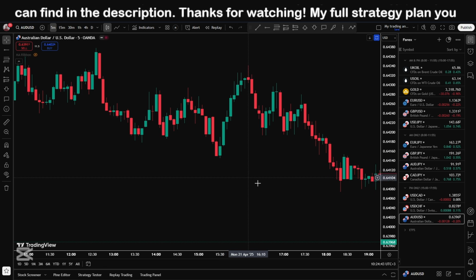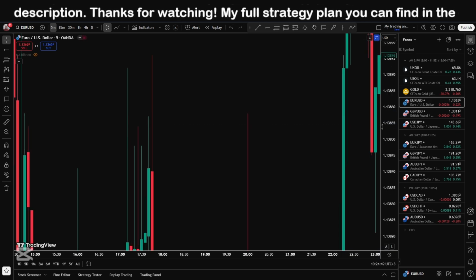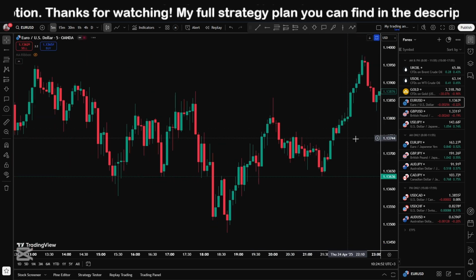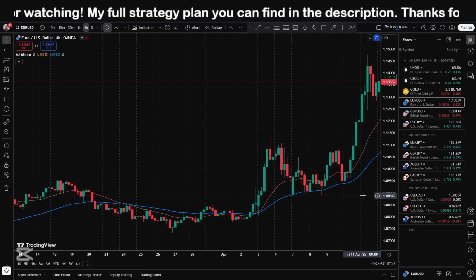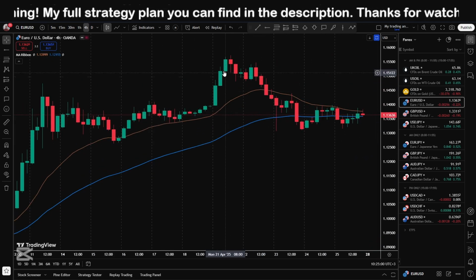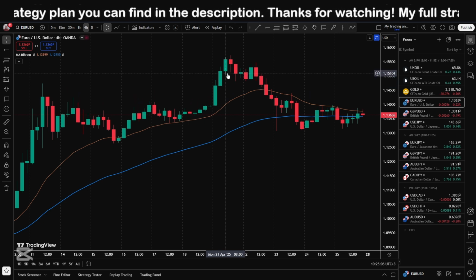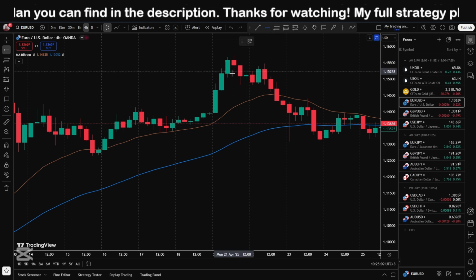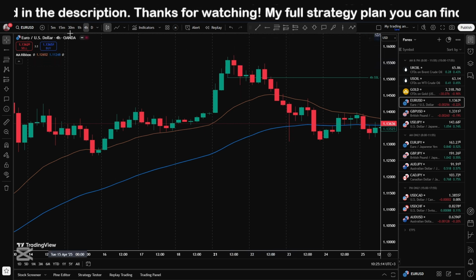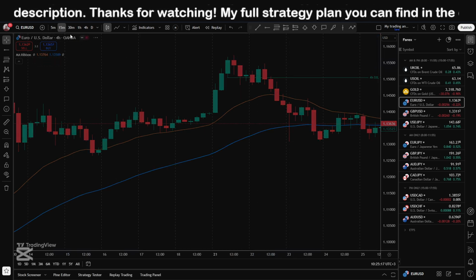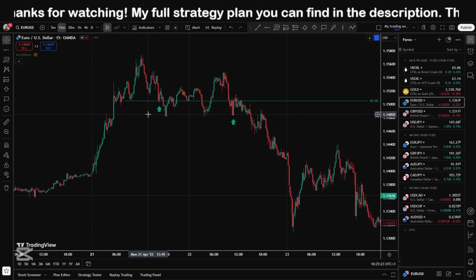The second one was from EURUSD. Let me show you again the 4-hour time frame. Where is Monday? Right here again, the 8 o'clock bar, this one here, for our sell side liquidity. This time the trade is from the 15-minute time frame, right here.